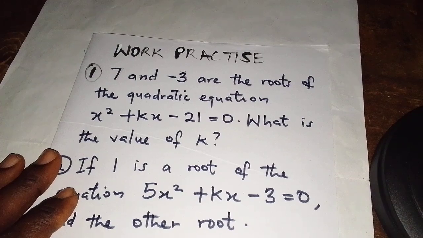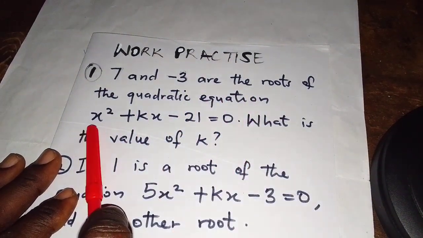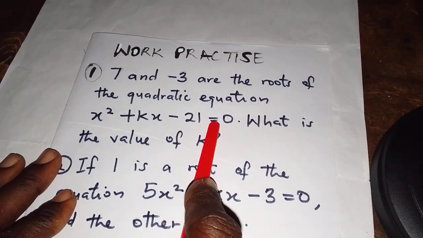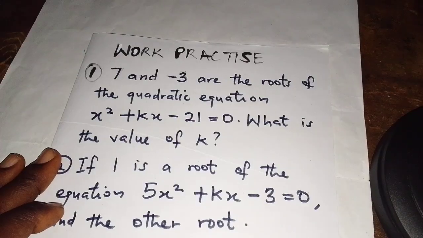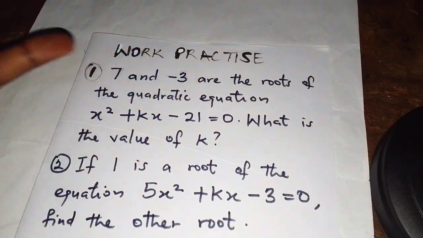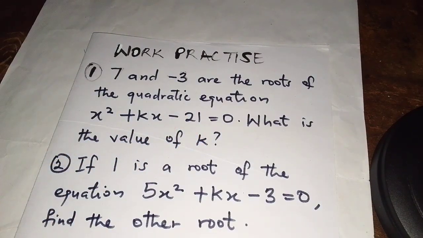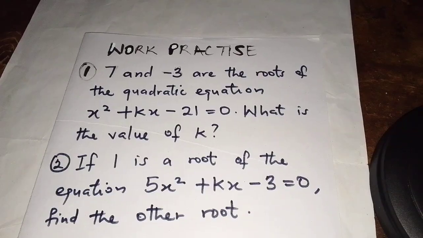For the practice questions, number 1: 7 and minus 3 are the roots of the equation x squared plus kx minus 21 is equal to 0. What is the value of k? So we should know what to do here. Substitute any of these roots into this equation. With that, you'll be able to get the value of k.